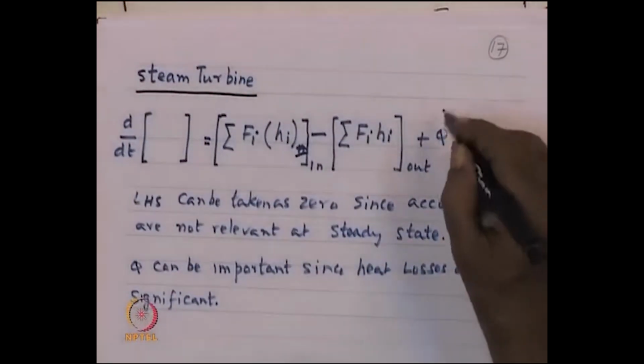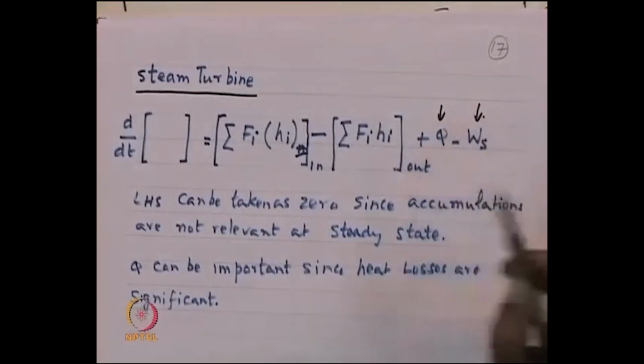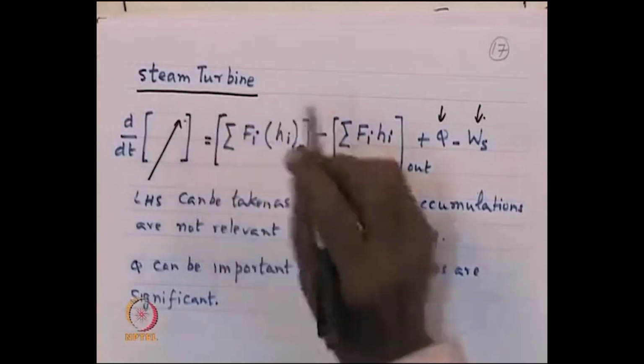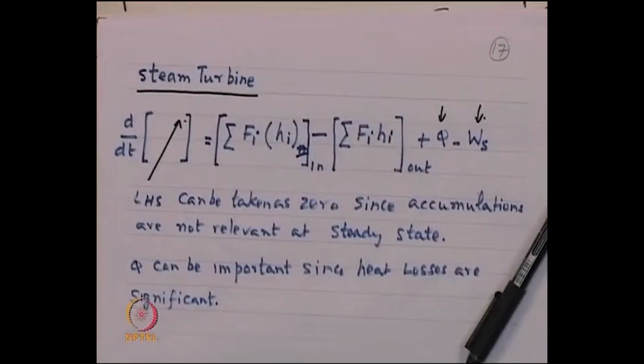So, this is Q and this is W_s, and this is in and this is out, and this is 0. Why have we taken the left hand side as 0? Because the accumulation terms are quite small in relation to the flow of energy through the system. Therefore, taking the left hand side equal to 0 is not a serious compromise on the quality of the descriptions that we can provide.